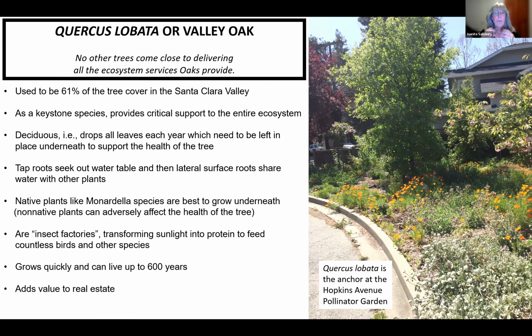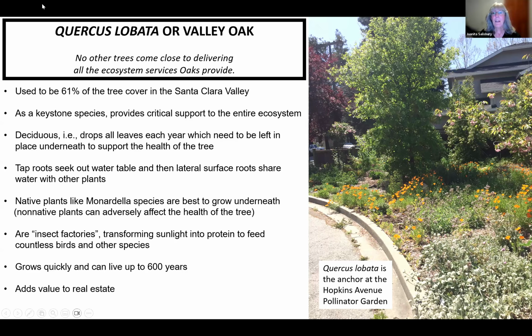They are deciduous, which means they drop all their leaves each year. You just leave the leaves in place underneath the tree to support the actual health of the tree. They have a taproot that goes down into the water table, and then that basically pumps that water up and spreads it out to those lateral surface roots to share water with other plants.